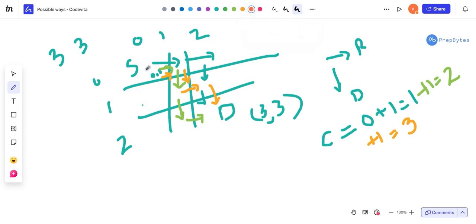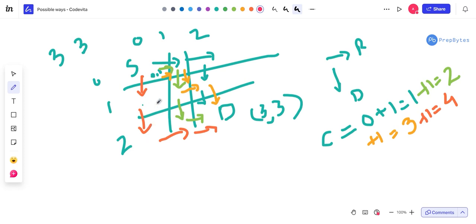Now we are done with all the rights, so we'll visualize from the down. Rather than starting from the right, you could have started with a down and down, and since there's no more down available, you take a right and a right. So there's one more way, plus 1, 4. Let's find one more way.